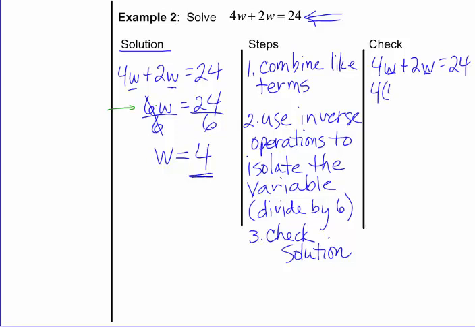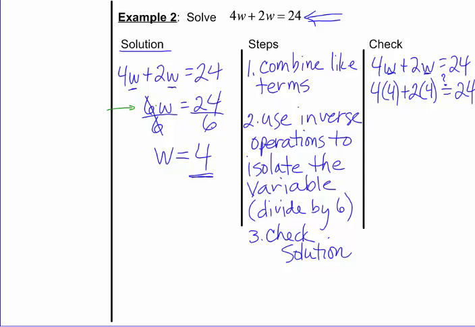So 4 times 4 plus 2 times 4 equals 24? That's what we're checking, that's why I put the question mark. We're not sure that it equals 24 yet. We have to do the order of operations and evaluate the left-hand side to see if we get 24 equal to 24.